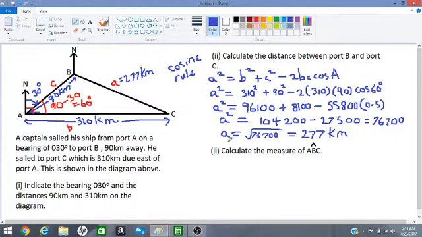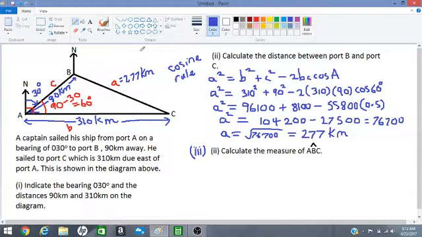Right, so let's move on to part 3. Okay, this is a little typo here, but it's part 3 and not part 2. So let's calculate the measure. Okay, part 3, calculating the measure of angle ABC.